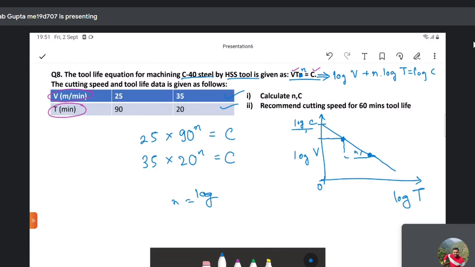Log of V2, V2 is nothing but 35, minus log of V1, that is 25, divided by log 20 minus log 90. You need to be careful about 1 and 2: if this one I have taken as 1, this one I have taken as 2.